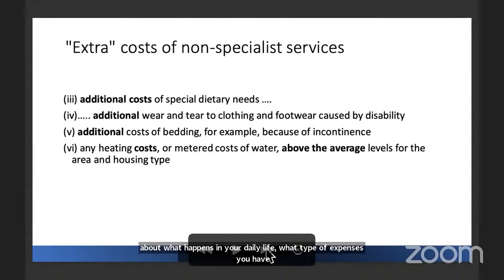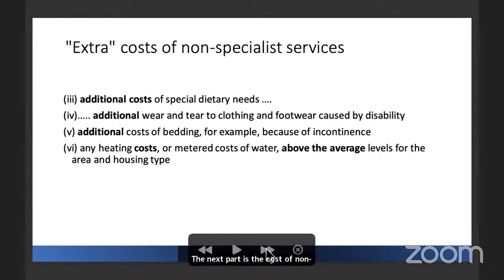So the next part I've put is the extra cost of non-specialist services. So it has things like any additional costs of special dietary needs. Not only would it be a specialist piece of food, it might be any additional costs you have because of your special dietary needs.